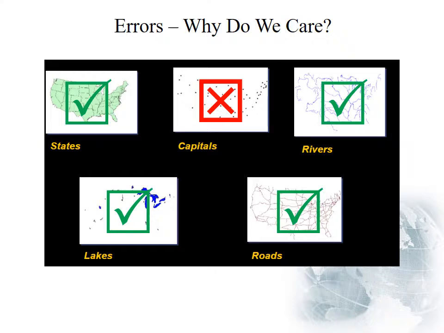So, the example that I normally use in classes here is we have these 5 hypothetical data sets being thrown into an analysis, and we don't necessarily need to know what the analysis is in order to understand this. But if we have 4 data sets that are accurate, they have trueness and precision, and we have one of our data sets going in, one of the inputs, that is just flawed.